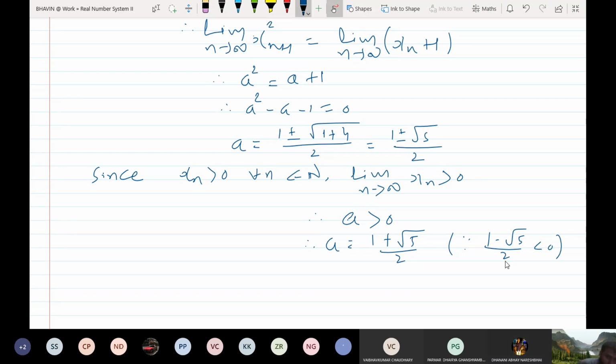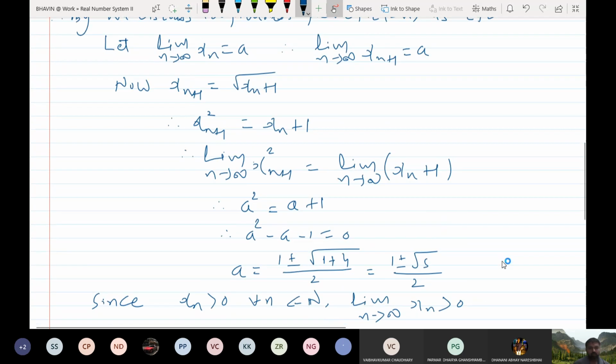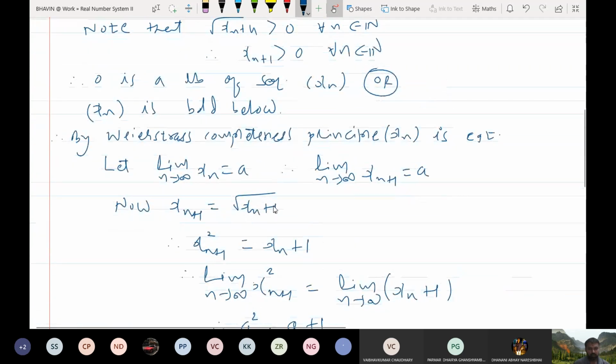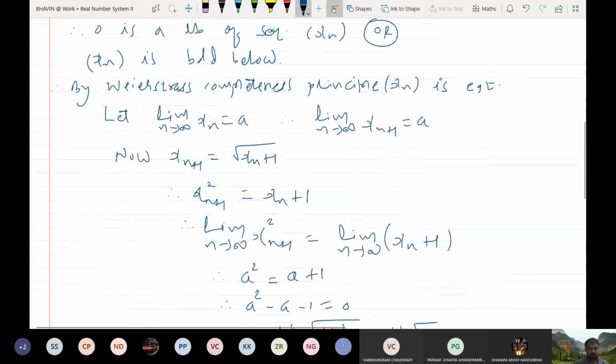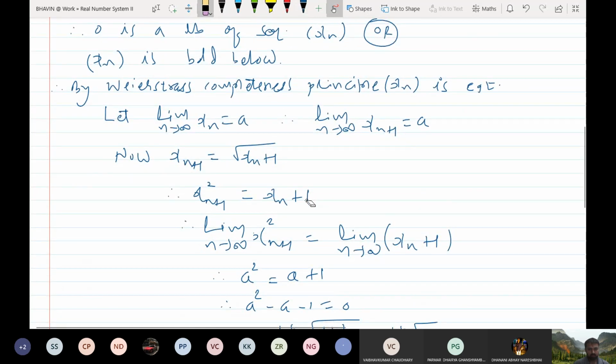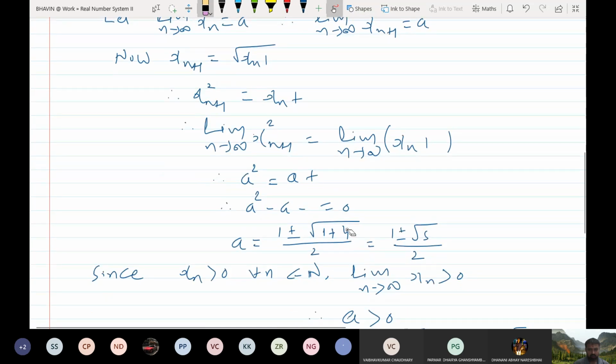I think I have made one mistake. xn plus 1 is not root of xn plus 1, but it is root of xn plus 4. So I should write 4 here, everywhere in place of 1. So the limit will be different. I should change this term.